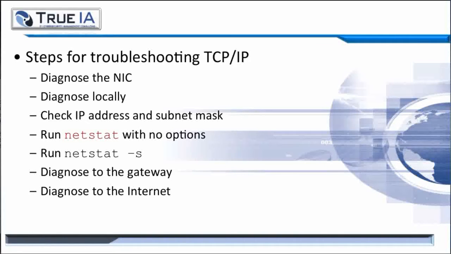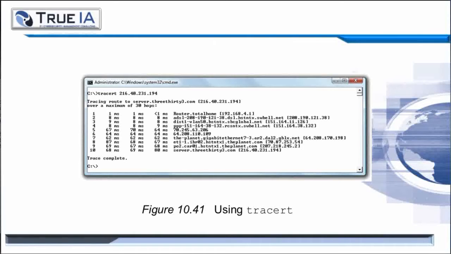Then we will diagnose the gateway, and finally, only then do we begin to diagnose the internet. A nice next step would be to run the traceroute command. This will let you know not only if you can get to the far end connection, but what hops it's taking to get there.